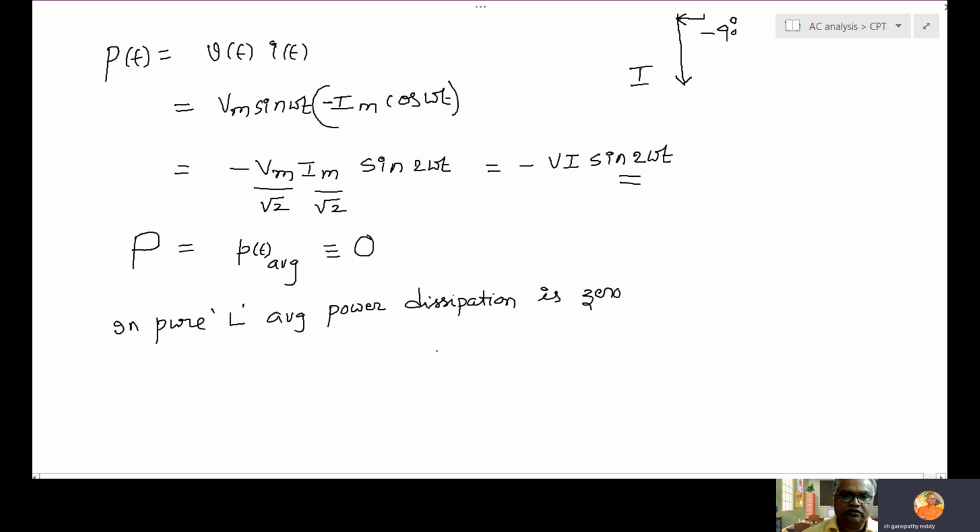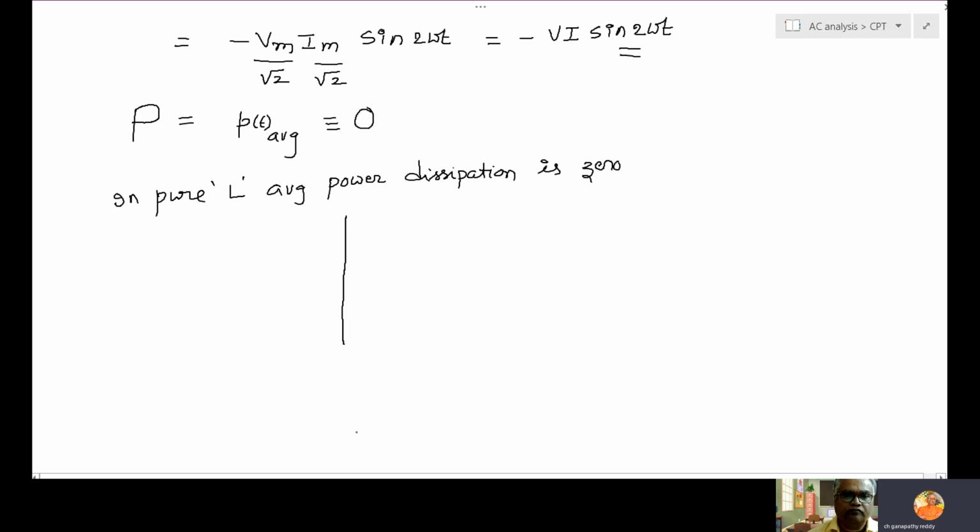Now again, let us draw the graphs mathematically. This is the applied voltage waveform, what we are applying.